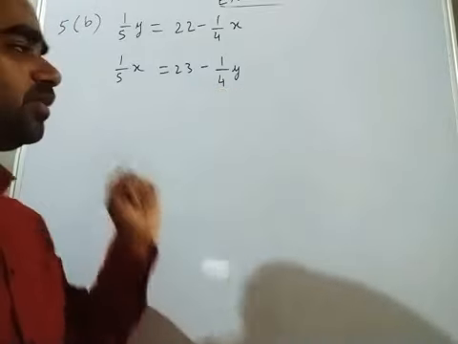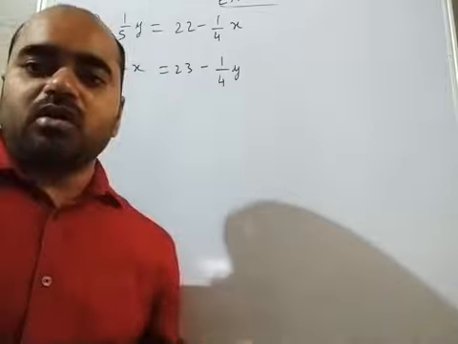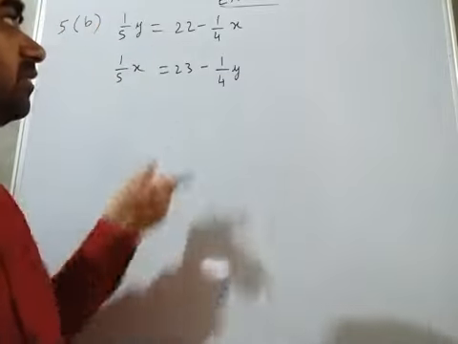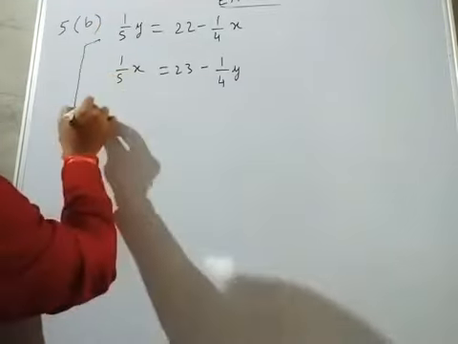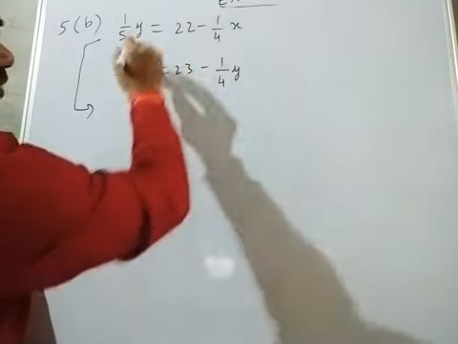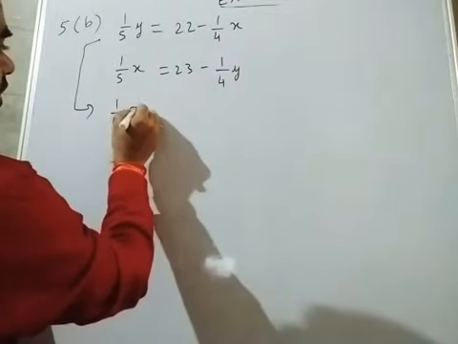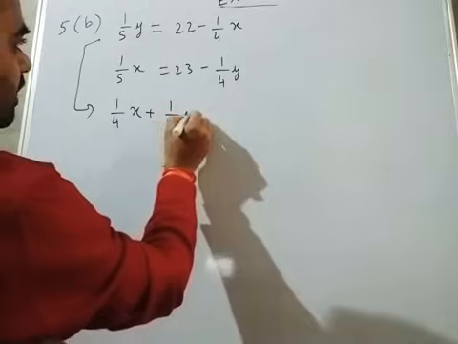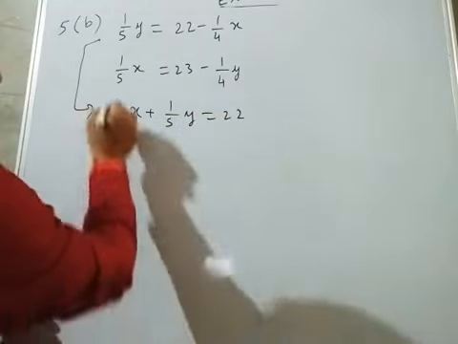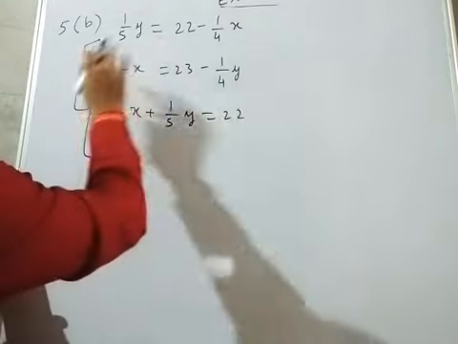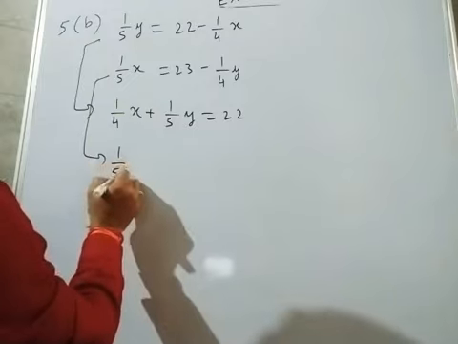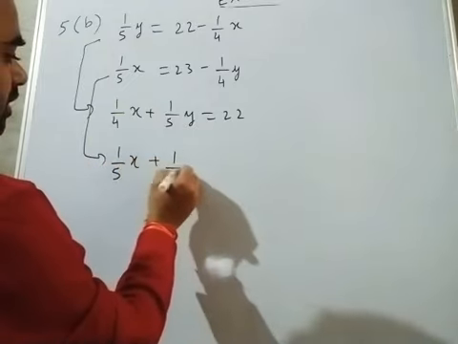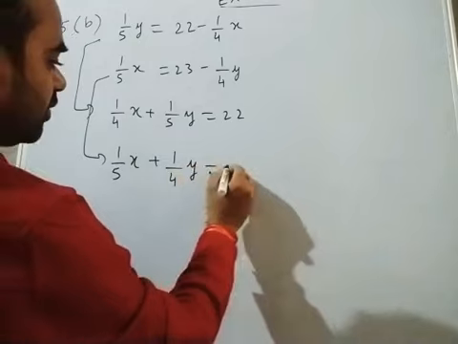Clear? So the first equation we can write like this: transpose minus 1 upon 4x. It will become 1 upon 4x plus 1 upon 5y is equal to 22. Similarly, in the second equation we transpose minus 1 upon 4y. It means 1 upon 5x plus 1 upon 4y is equal to 23.